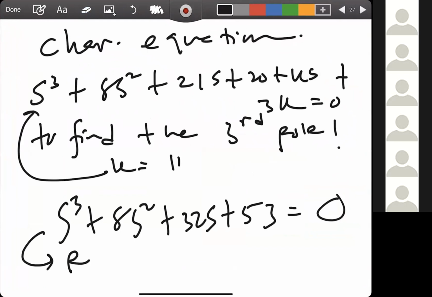Sami, what is the roots, Sami? Yes, doctor.